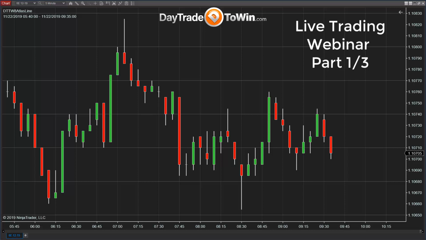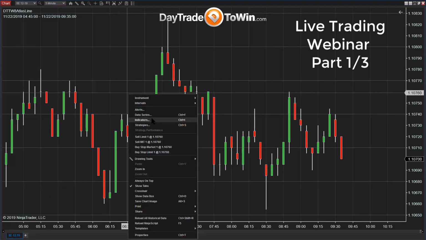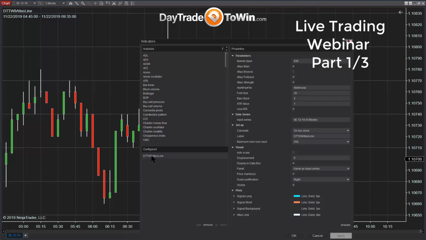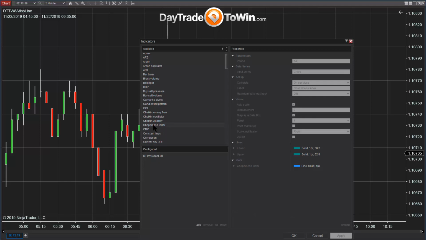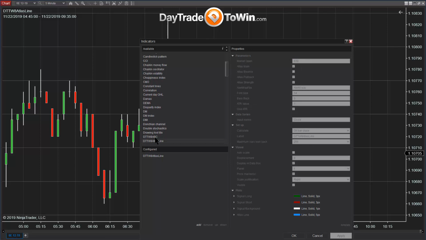All right. So to begin, I'm looking at the E-mini S&P. I'm going to add, just so we don't miss any of the indicators that fire off any of the signals, the Atlas line, and I'm going to add the ATO as well. This is proprietary Daytradetowin software.